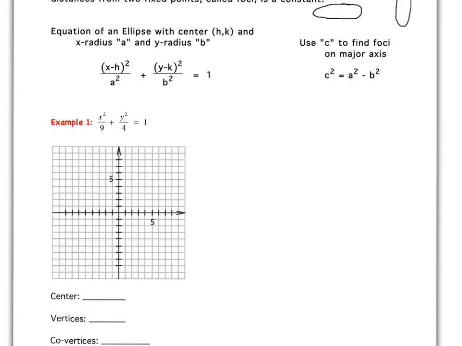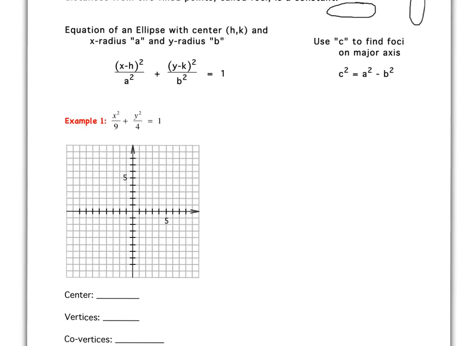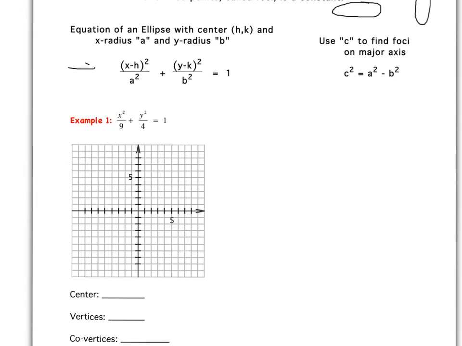So when we have an equation of an ellipse, it looks like this, given to you on your notes. We can have x minus h quantity squared over a squared plus y minus k quantity squared over b squared equals 1. The sum will always be equal to 1. You will have an a squared and a b squared.